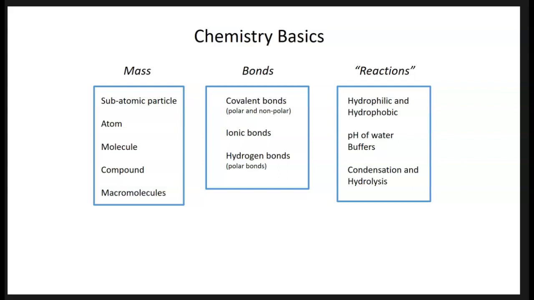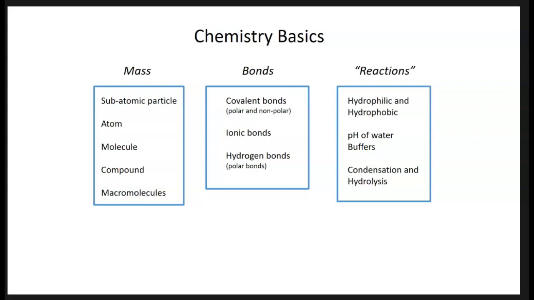So the way that those atoms interact to form molecules are called bonds, and we will talk about 3 different types of bonds in this lecture. We'll talk about covalent bonds, which can be both polar and nonpolar. We'll talk about ionic bonds and hydrogen bonds. We'll also talk about reactions.